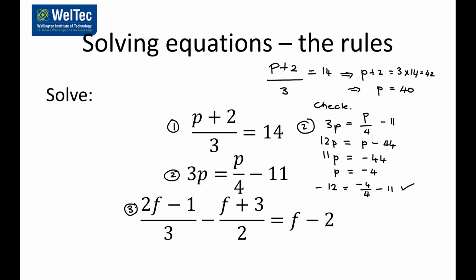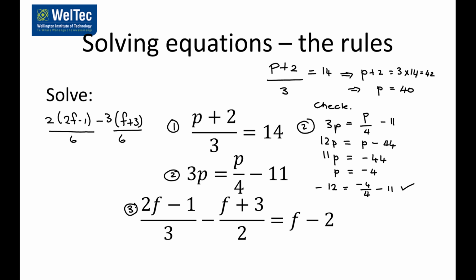Looking at the third example, if we make the left-hand side find a common denominator, the common denominator would be 6. So the first fraction we would need to multiply by 2, and then the second one we would need to multiply top and bottom by 3.